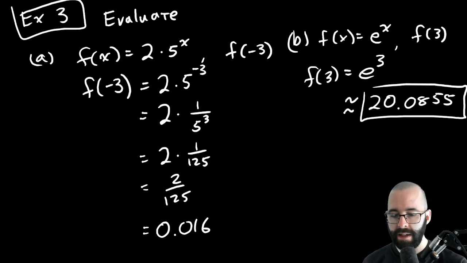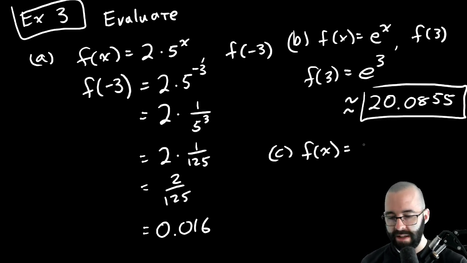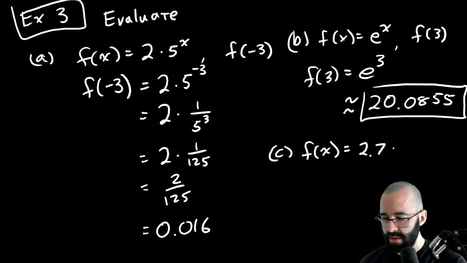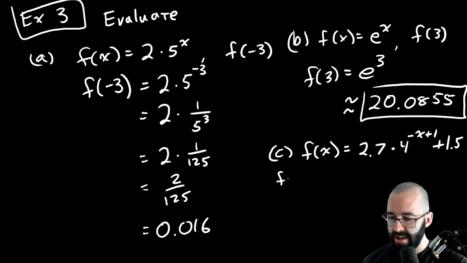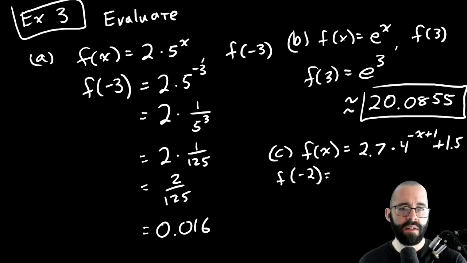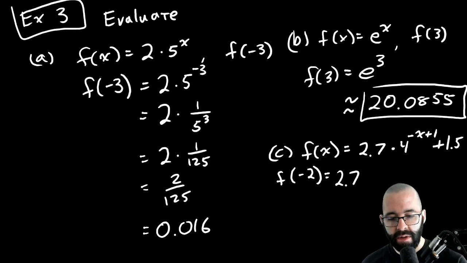And last problem, we'll just do it real quick. Why not? f of x equals 2.7 times 4 to the -x plus 1, plus 1.5. Evaluate f of -2. So this one's a little messier. Be very careful typing things into your calculator. You can also do this one by hand. It'll take a little longer. But you'll write it as 2.7 times 4, and then it's a good idea to use parentheses.